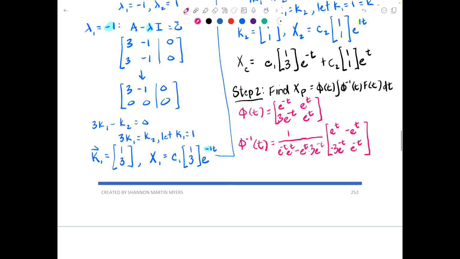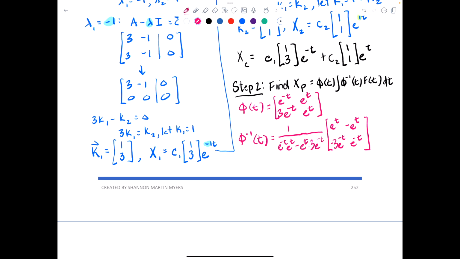Now we also already have f at t, don't we? So now we just are going to want to be simplifying our Φ inverse at t. So here we go. Φ inverse at t equals e to the negative t times e to the t. Remember, you just add the exponents. That would be e to the 0, so we would just get 1. So we'll have 1 over 1 minus 3, so that will be negative 1/2 times all of these.